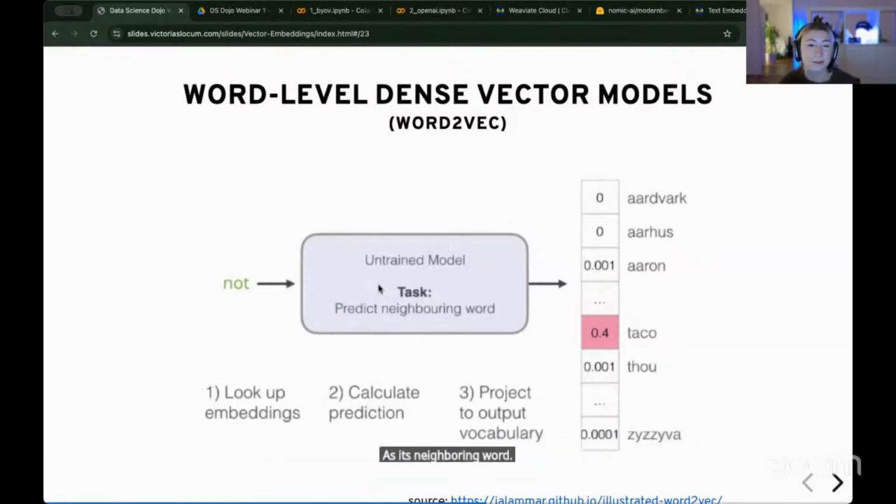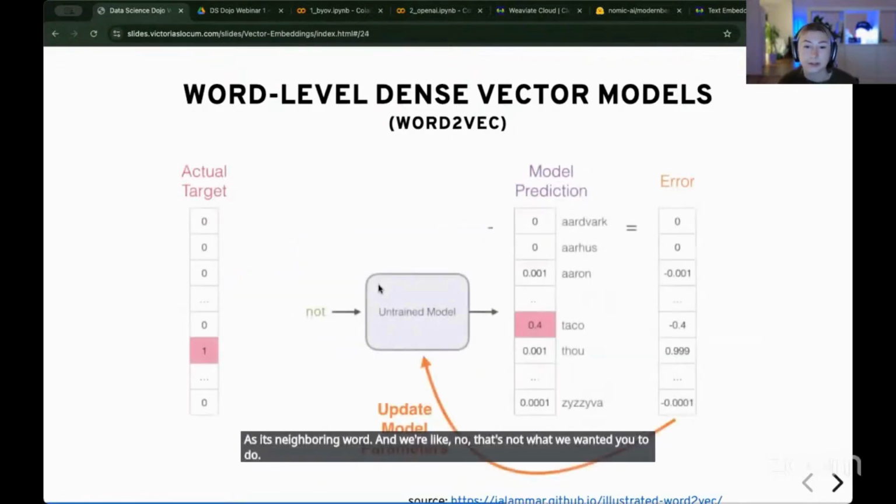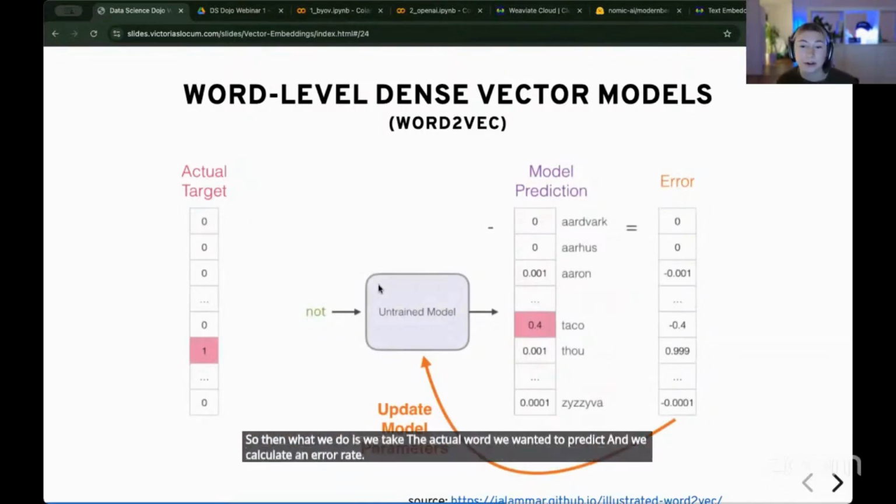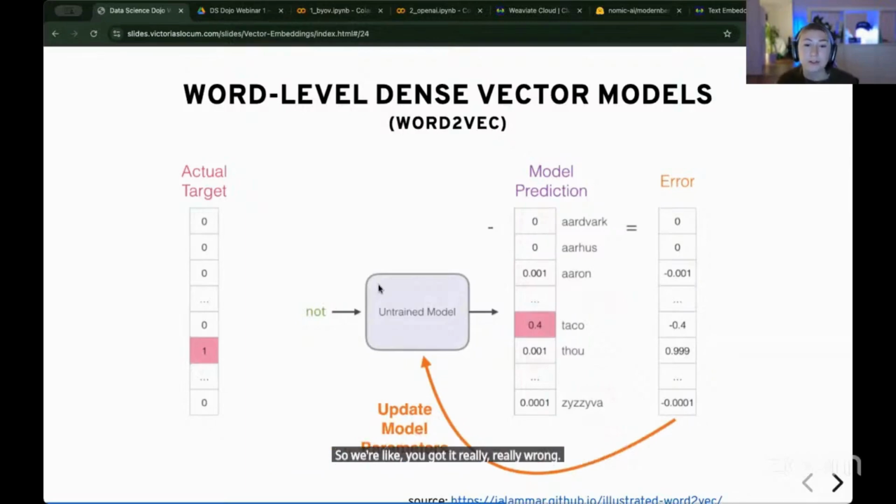And we're like, no, that's not what we wanted you to do. So we take the actual word we wanted to predict, and we calculate an error rate. We're like, you got it really wrong, so you need to go back and update your model parameters.